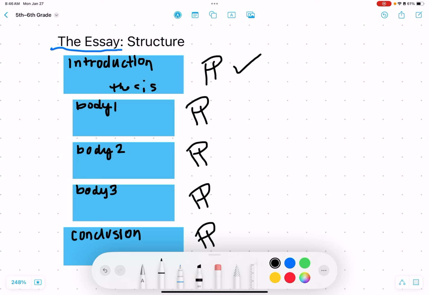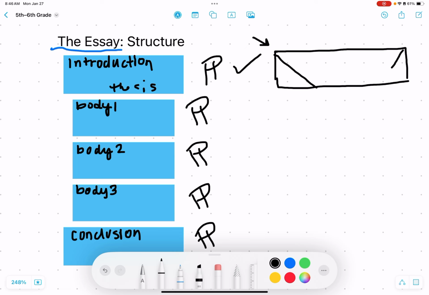It's bigger than the following 3 because we generally start off with a wide argument or a wide sentence that kind of pulls us in to the topic. And it slowly narrows it down until the last sentence of the first paragraph is where we make our point. And that is what we call a thesis.